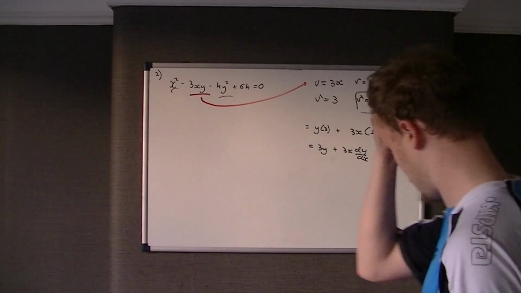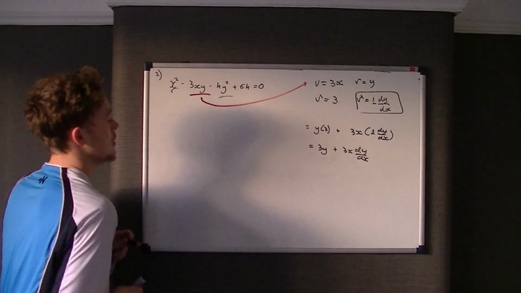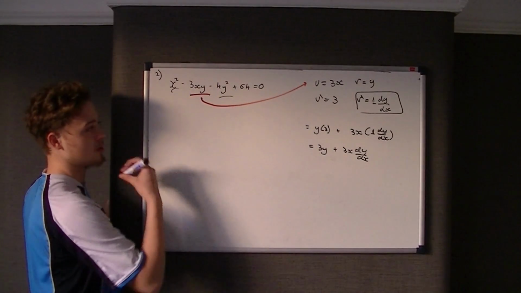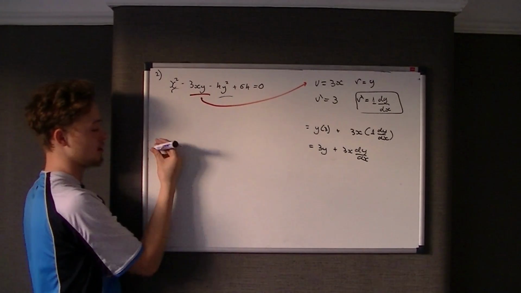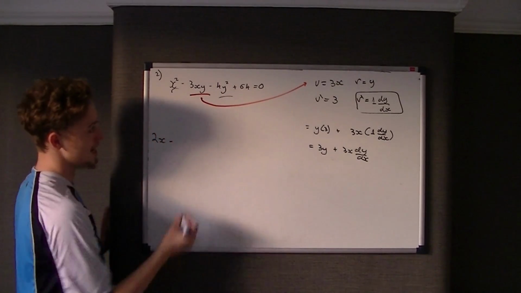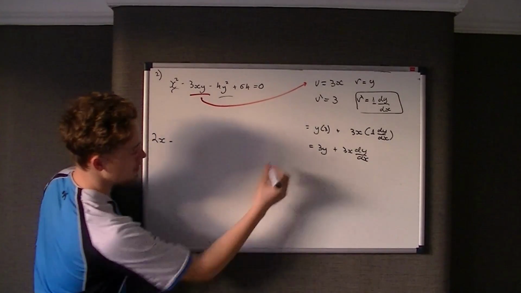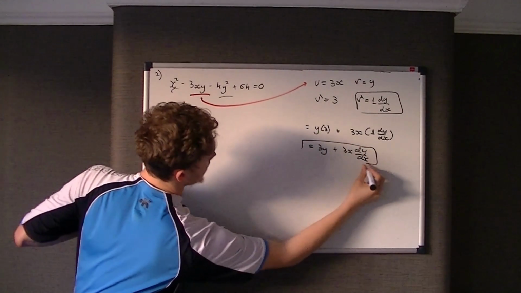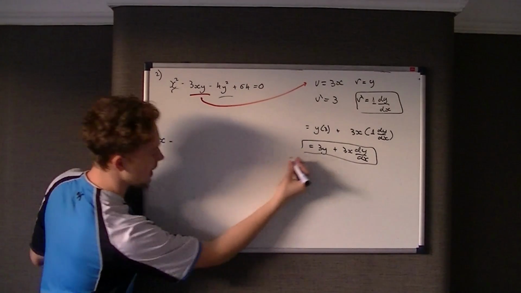So that's the thing. Now, the next bit is quite a common mistake to make. In this question, and some other ones, it doesn't matter, but let's just go through and I'll explain. The first term, differentiate that, x squared is simply 2x. And then we take, well, we don't just take 3xy, we take the differential of 3xy. Because the differential of 3xy is 3y plus 3x dy/dx, you have to take away all of that.